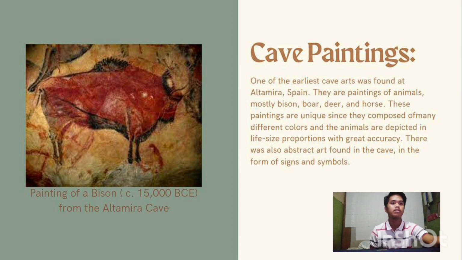There is also abstract art found in the cave in the forms of signs and symbols. In our PowerPoint presentation, for this slide, we have the painting of a bison from the Altamira cave in Spain. It definitely looks like a bull.